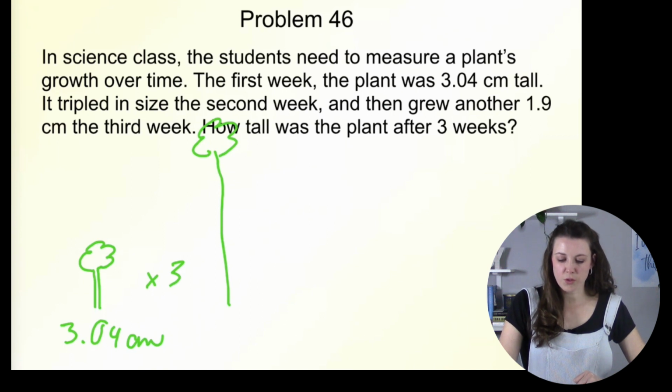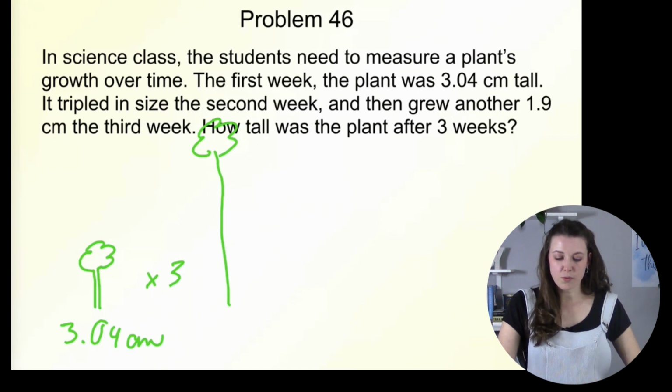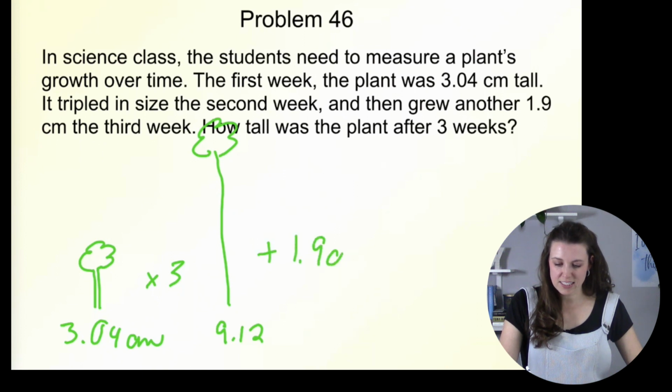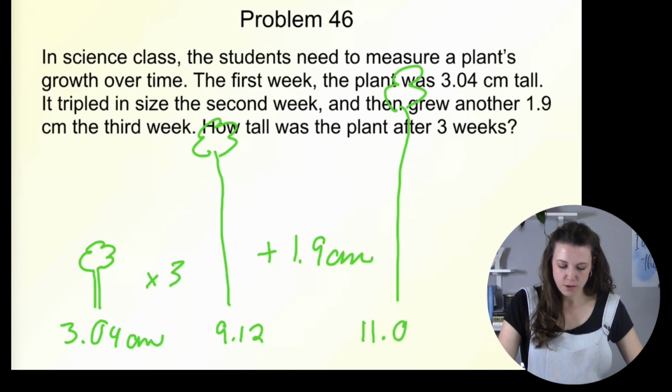So I'm going to go 3 times 3.04, and I get 9.12. And then it said we're going to add 1.9 centimeters for the third week. So it's going to be way up in here. And my answer ends up being 11.02 centimeters.